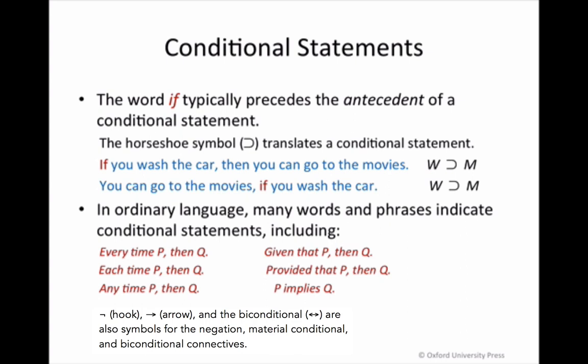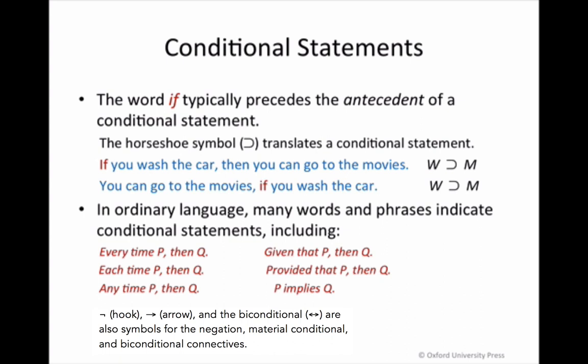The left side of the conditional, the left side of the horseshoe, is called the antecedent. The ante, that means before. And the right side of the horseshoe, or the conditional, is called the consequent, or after.